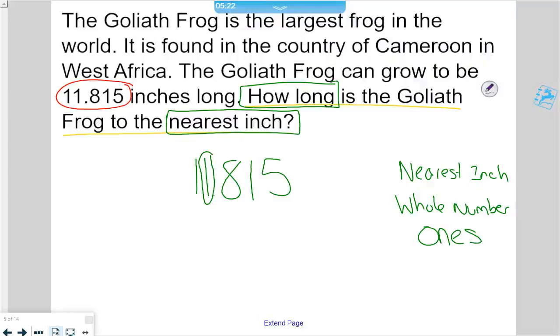So when we do this, we're going to circle our ones place, underline to the right. 0 to 4, circle stays the same. Between 5 and 9, add 1 is the game. So 12, and then all to the right, 0, 0, 0. Inches.